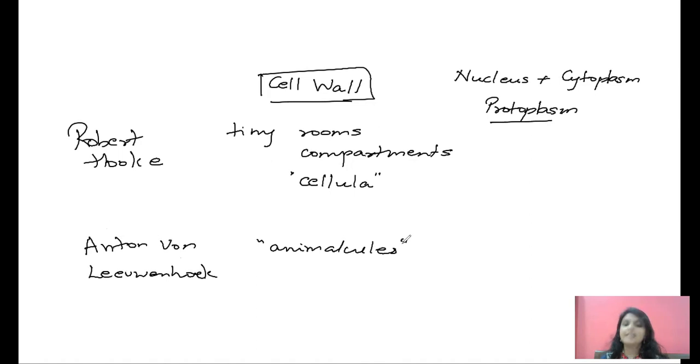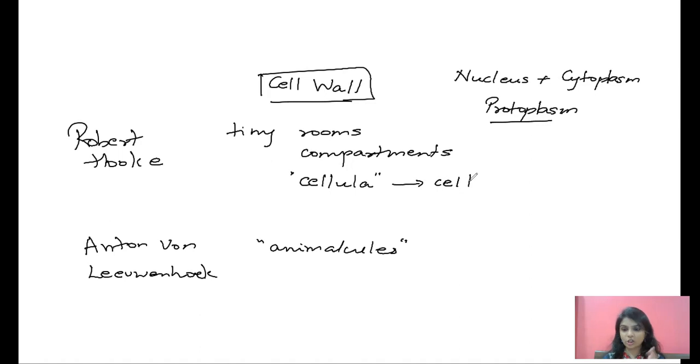But between the two, obviously the easier word was cell. So cell was the word actually accepted by everyone, and that's why the unit of life which gives structure and function is called the cell.